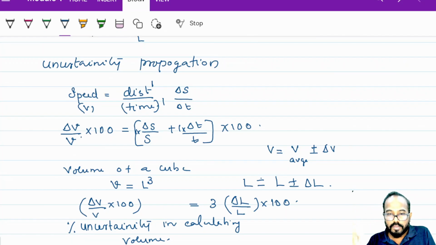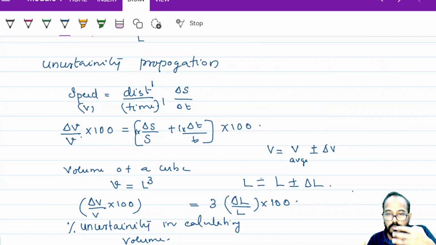Then you will take the average of it. Then you can represent that quantity as average value plus or minus absolute uncertainty. Then if you take the fraction, how much is the absolute uncertainty in the average value? That will give you the fractional uncertainty. If you multiply with 100, what will you get? Percentage uncertainty in the measurement. Okay, this is in the measurement.